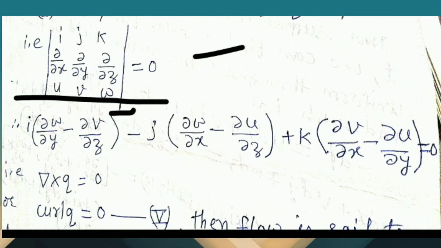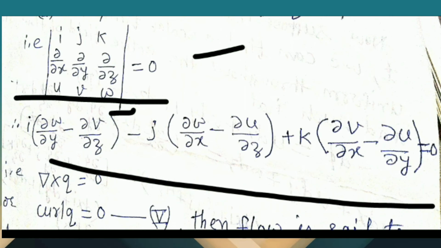We get i in bracket dou w by dou y minus dou v by dou z, minus j in bracket dou w by dou x minus dou u by dou z, plus k in bracket dou v by dou x minus dou u by dou y, is equal to 0. We get this. So that means del cross q is 0, and del cross q is curl q. So this curl q is equal to 0, which is equation 5.